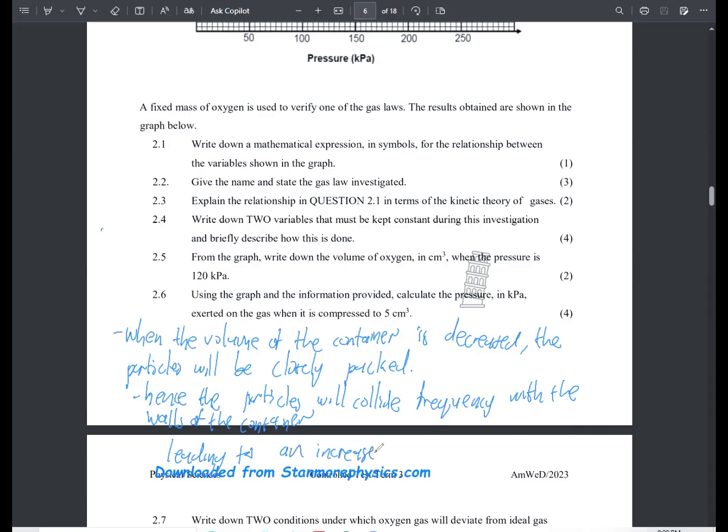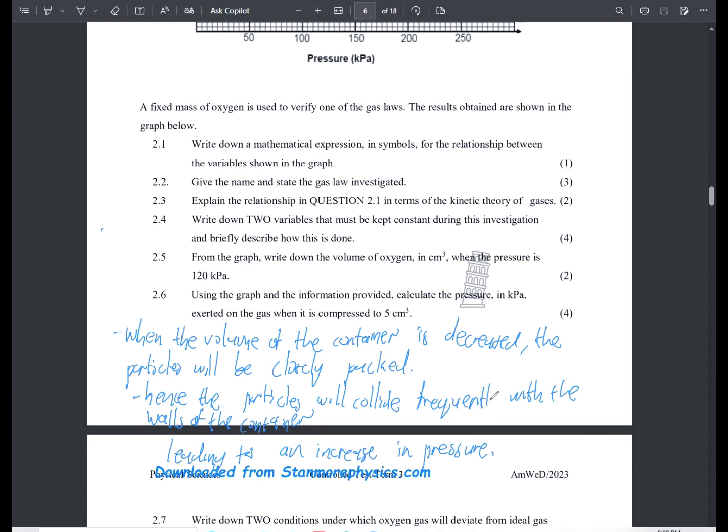Right, so that's it. When the volume of the container is decreased, the particles will be closely packed. Hence, the particles will collide more frequently.